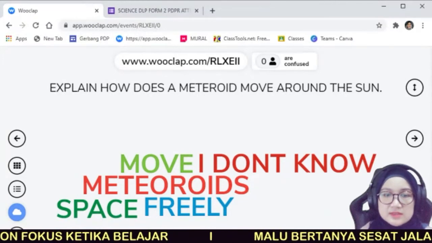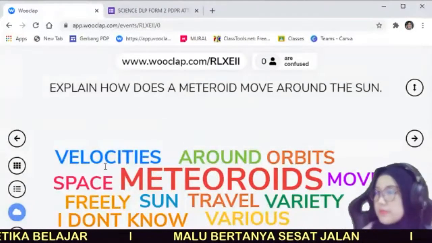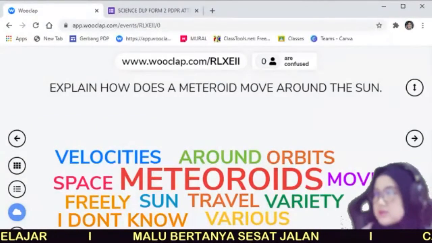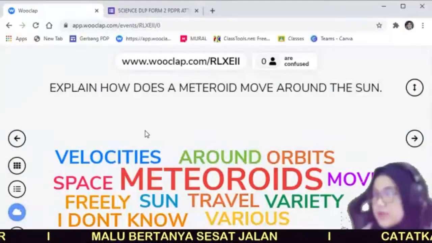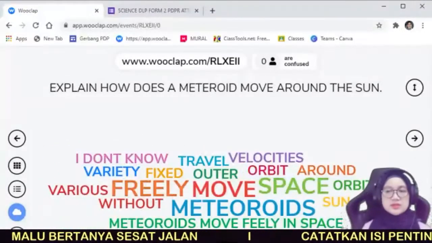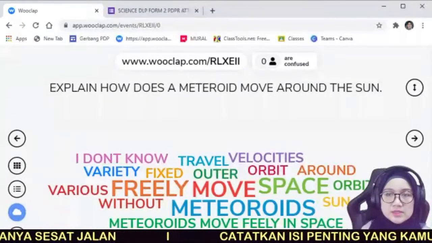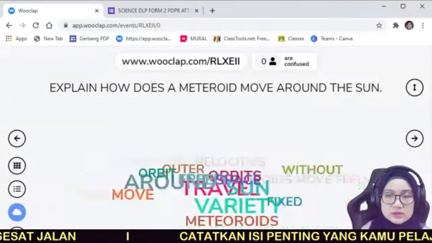The meteoroid moves freely in space. Its orbit. Is it orbit? Does a meteoroid have an orbit? As we discussed just now, a meteoroid does not have its own orbit compared to the asteroid and the comet.